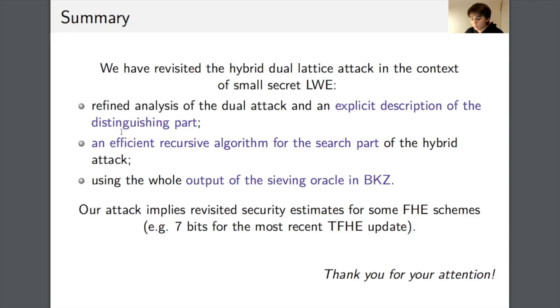Second, we describe the new hybrid attack with efficient recursive algorithm for performing the search part. Third, we propose to use the whole output of the BKZ sieving oracle and provide some experimental evidence to support this choice.